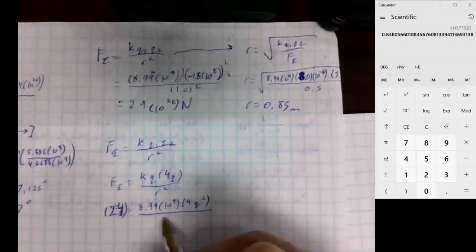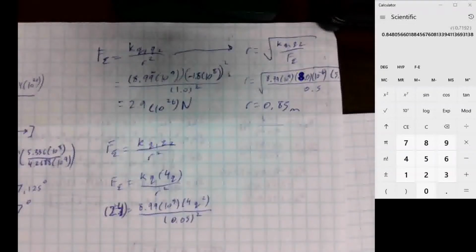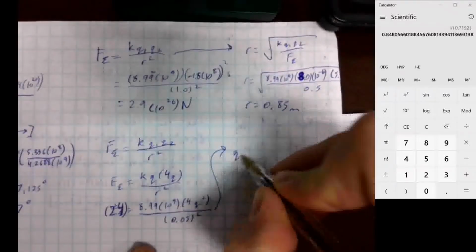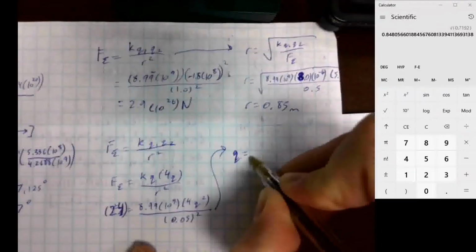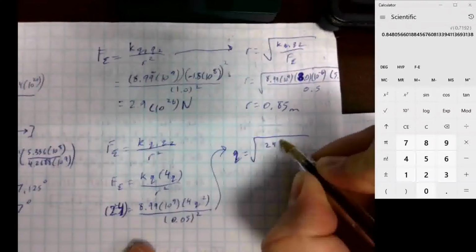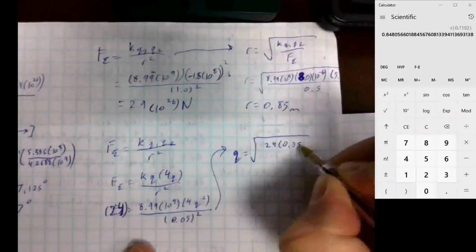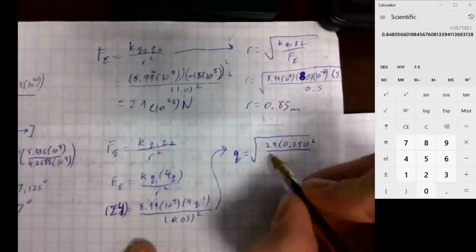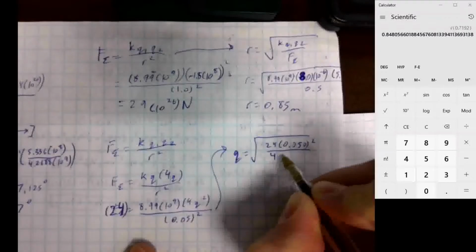That entire thing over R squared, which is 0.05, because it's 5 centimeters, squared. Let's move this over here and solve for Q. So rearranging for Q, Q is going to be the square root of 24 times 0.05 squared, that 5 centimeters squared, divided by our K and our 4.